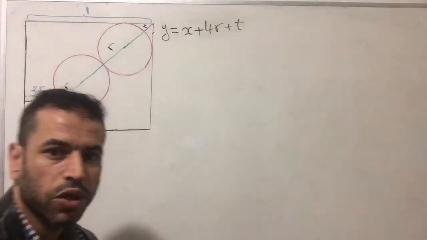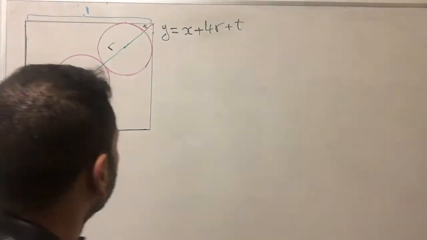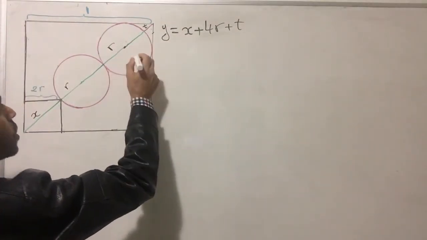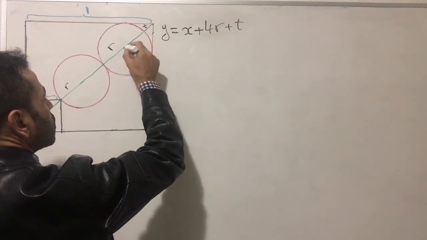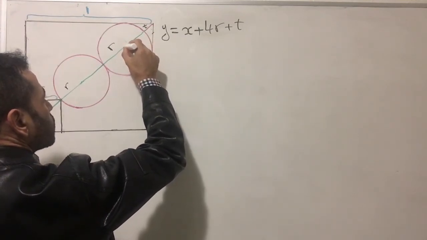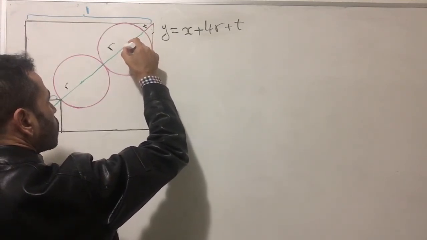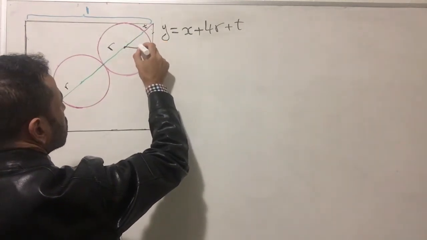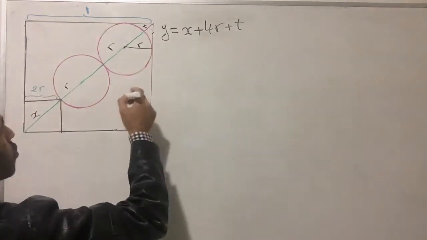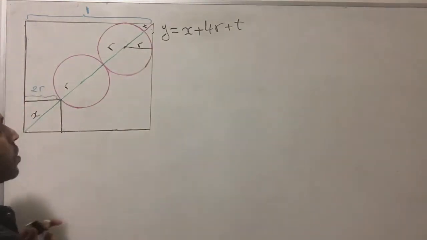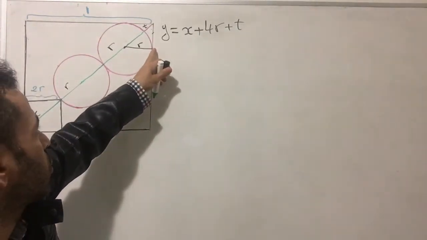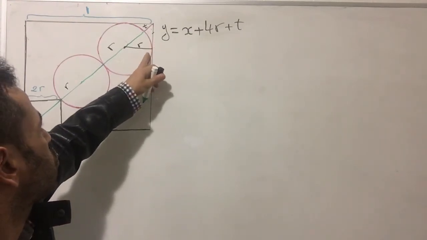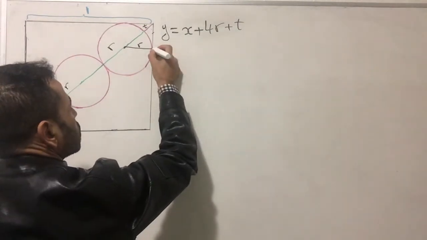There are a bunch of ways of solving this problem. As you see here, from the center of this second circle, I'm going to draw a projection line. This distance is r as well. There is a tangent line between this side length of the square and this circle at this point.